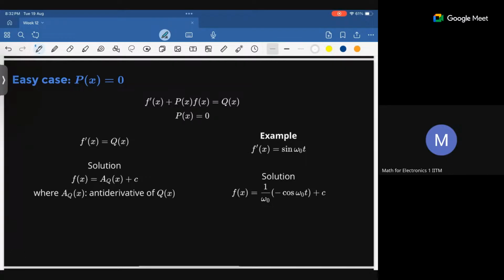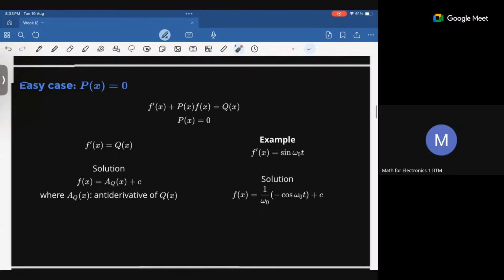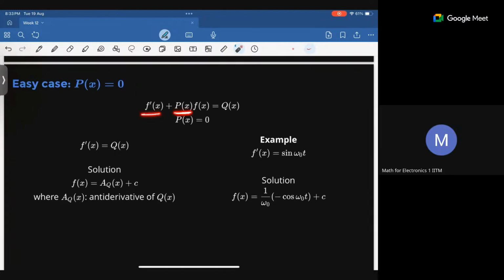Okay, so this is the differential equation written in the general form, which is f prime of x plus some function p of x getting multiplied to f of x, and we have q of x. So these are the only things that are there in our first order linear ODE.